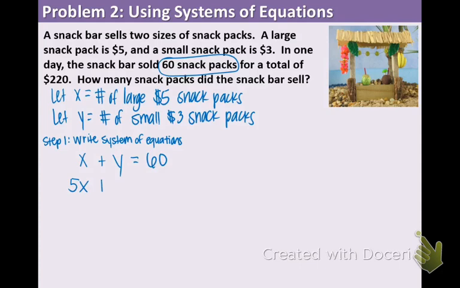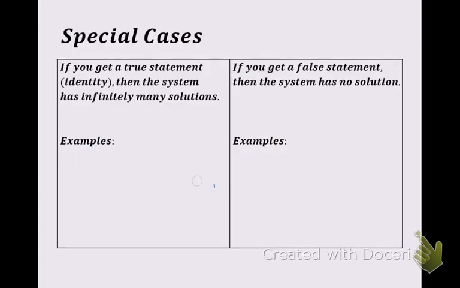And the small snack packs are $3, so we also multiply. And they totaled $220. So the first equation was about the number of snack packs, and the second equation is about the cost. And you can feel free to write that down if you want. That's typically how it is. They don't have them mixed up. So, and this is the cost.